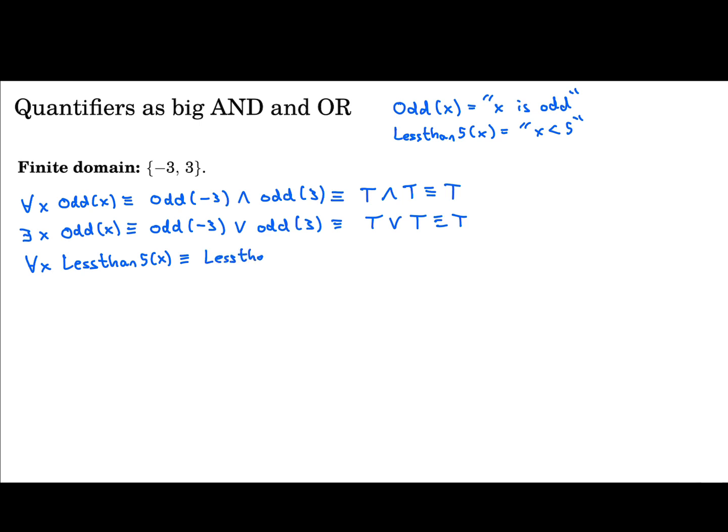You need to check for each one, so less than 5 of -3 and less than 5 of 3. And so, of course, -3 is less than 5, so this is true. And less than 5 of 3 is also true, because 3 is less than 5. So this is true, and so this ends up being true.